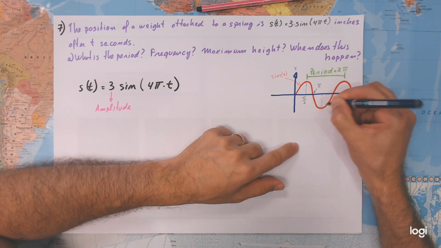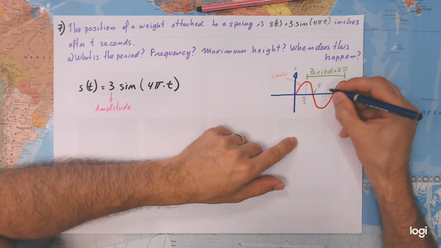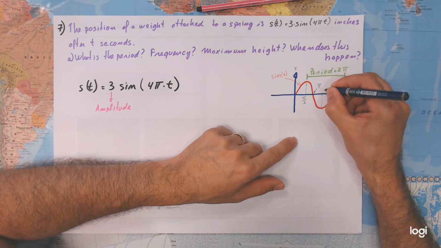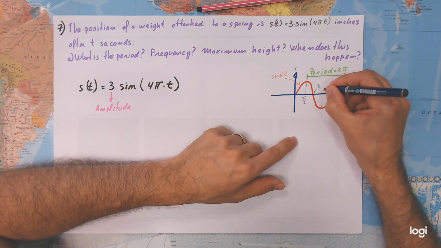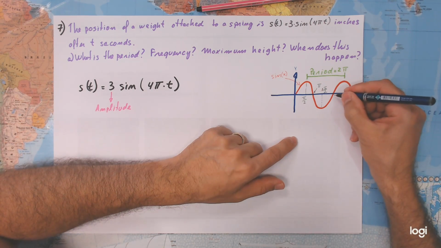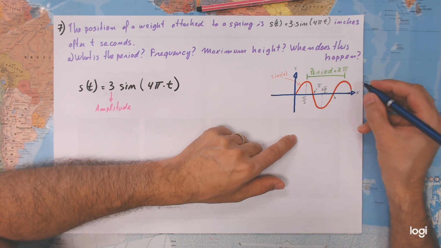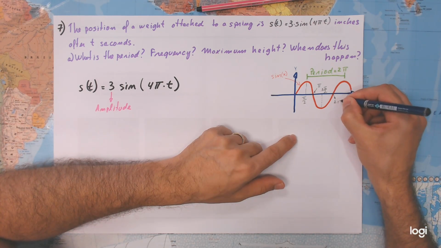This other point in here, it is going to be 3 pi over 2. And this is going to be the end, okay, which is 2 pi.